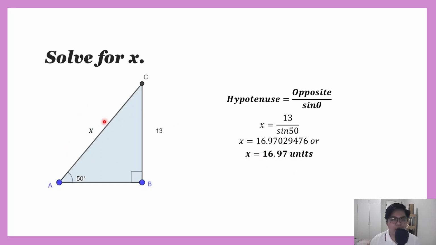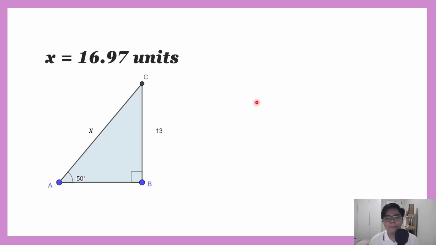Now that we have the value of x, the value of the opposite side, and the given angle, we can also solve for the adjacent side. Now, think, which one in SOHCAHTOA are we going to use in solving for the adjacent? We can use CAH. Cosine theta is equal to the adjacent divided by the hypotenuse.